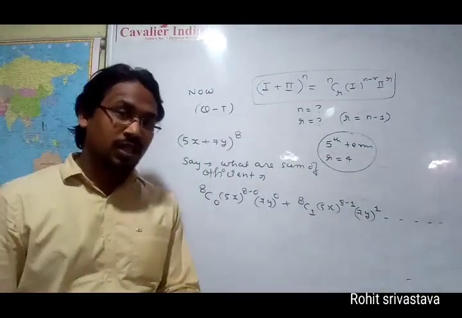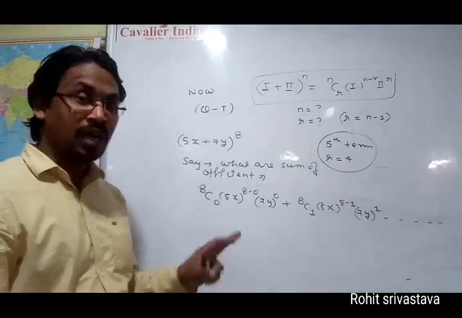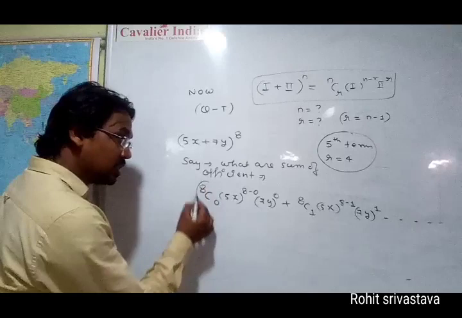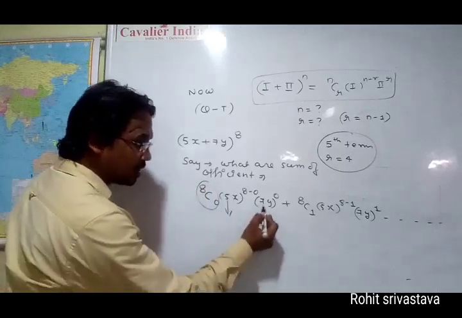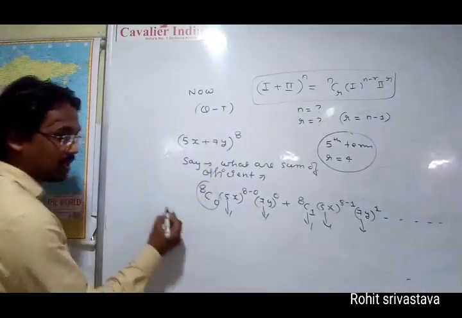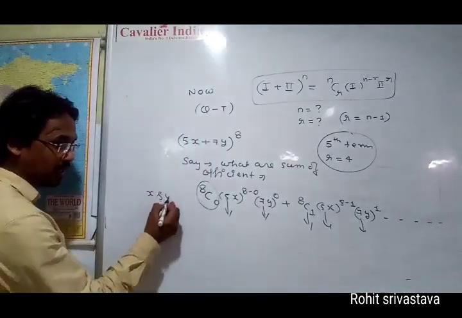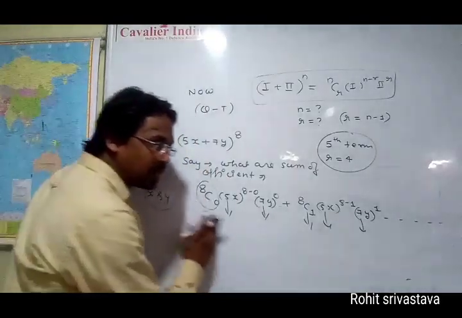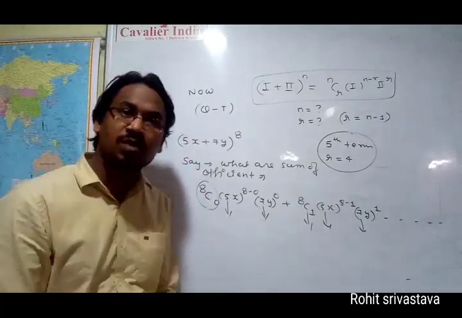So this time the question is changed. I am asking the sum of this, this, this, this, this, this. It means apart from x and y, all those numbers present in this question, their sum we have to find.